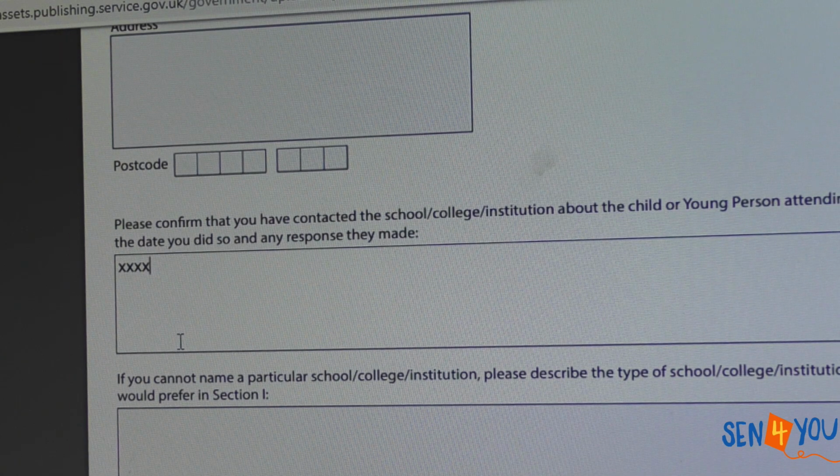And the tribunal will generally want you to submit what's called a provision of place form to be able to demonstrate that a place is actually available for the child or the young person in the setting. Because other than in exceptional cases, and we don't need to go into that today, the tribunal can be limited as to what it can name in section I unless the setting has offered a place.